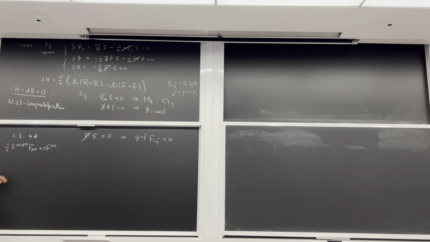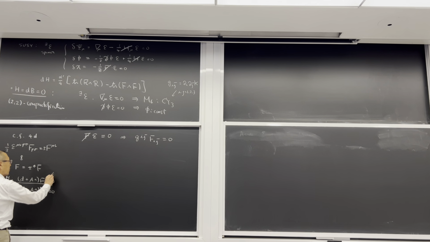But anyway, we have this kind of equation, and this equation implies the equation of motion. If F is expressed in terms of the gauge potential, this equation in the language of forms is equivalent to saying that F is equal to plus or minus star F. The Yang-Mills equation is D star F equal to 0, and D F equal to 0 is the Bianchi identity.